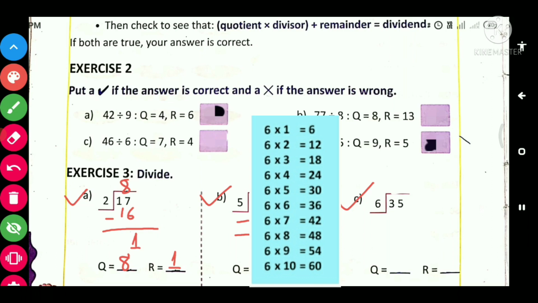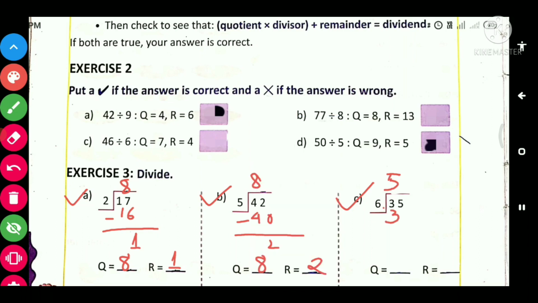So 6 fives are 30, that one we will write. So 6 fives are 30. Now we'll subtract these two. We'll get 5 as remainder. So our quotient will be 5 and our remainder is also 5. Okay.